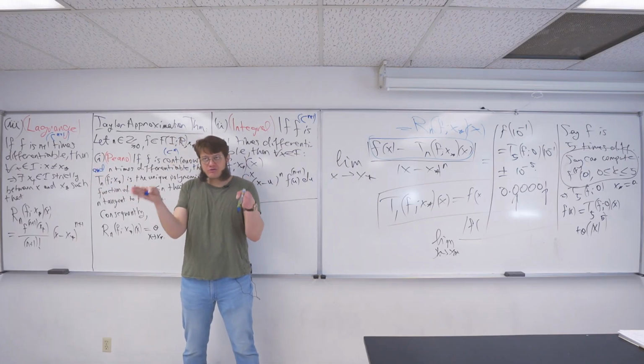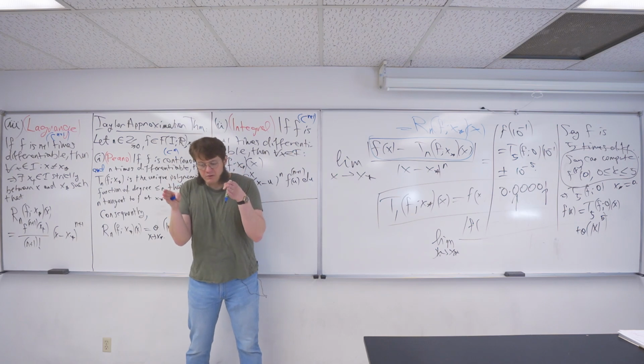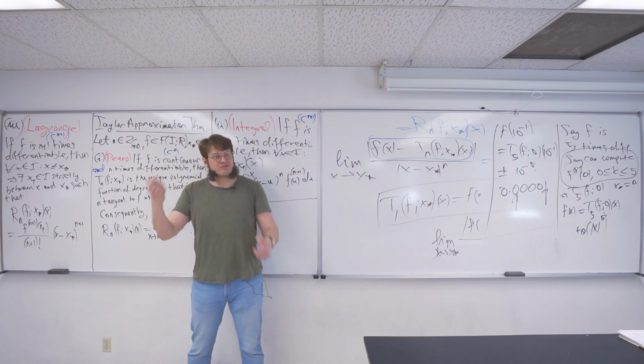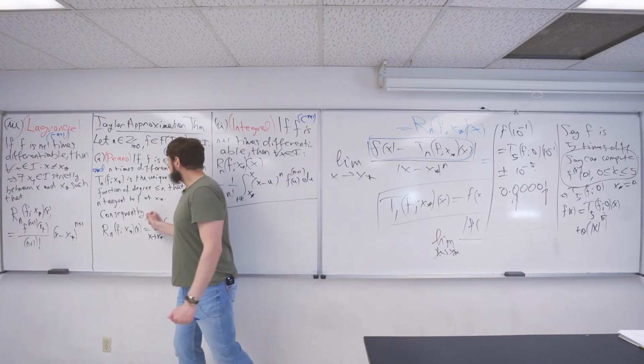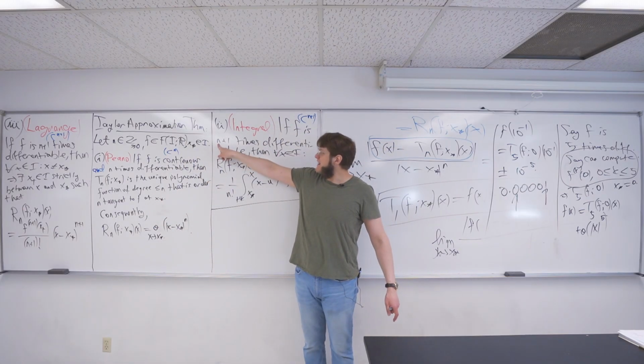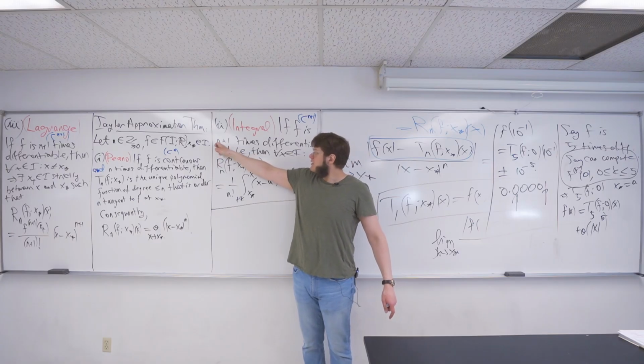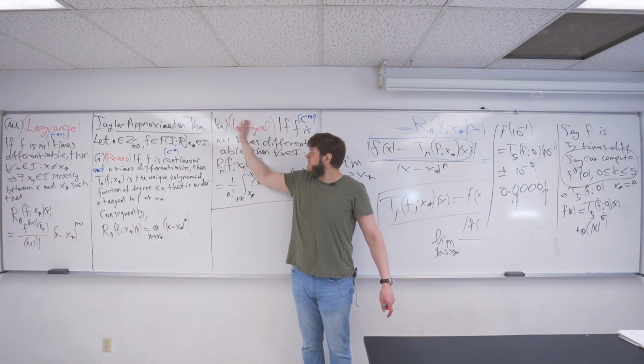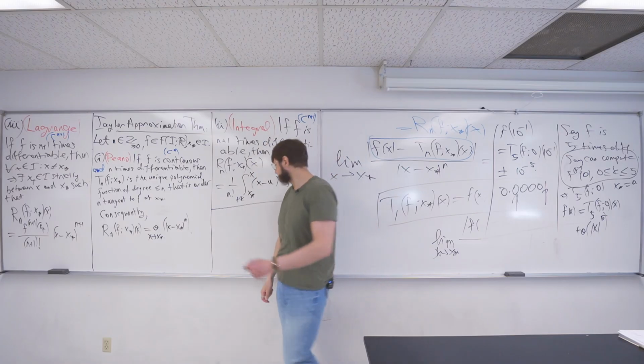That is the first order polynomial that you use in the differentiability. So that's what it boils down to. Here, if I were to plug in n equals 0, this is going to tell me f needs to be 1 times differentiable.